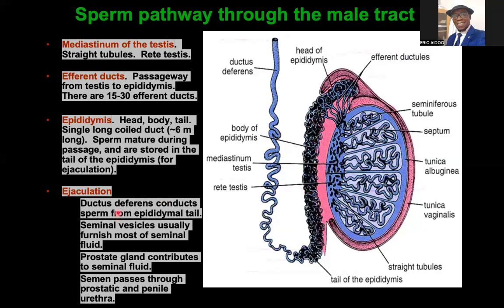On ejaculation, the ductus deferens conducts sperm from the epididymal tail, so from here all the way, ductus deferens. Seminal vesicles usually furnish most of the seminal fluid. The prostate gland contributes to seminal fluid as well. Semen passes through the prostatic and penile urethra.